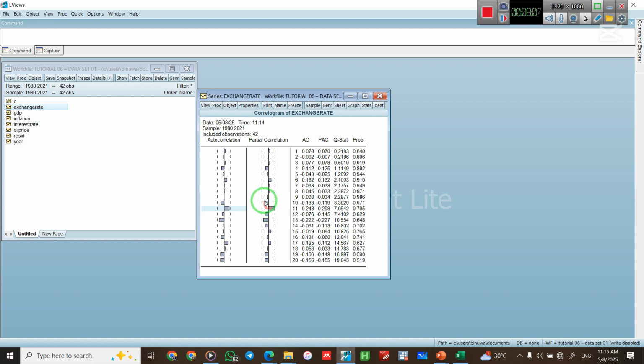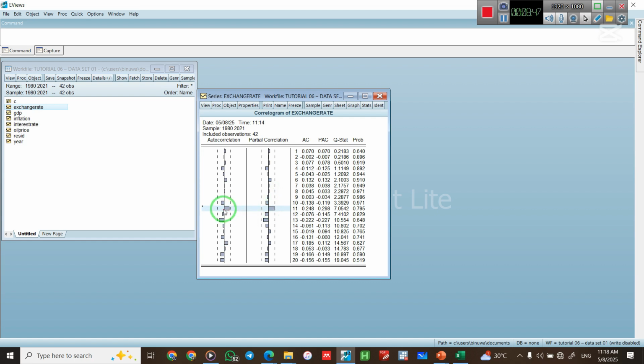But here we can't see anything that goes beyond the significance level. In the partial correlation, we can see this slightly goes beyond the significance level, but here we can't see anything, right? To identify that a lag is significant, it should definitely go beyond these two lines. But for the moment we can't see anything beyond the significance level, so let's assume that this is almost at the significance level.